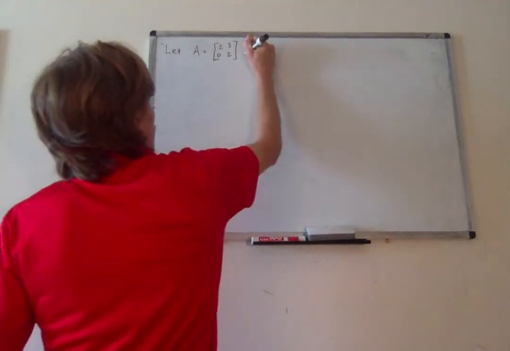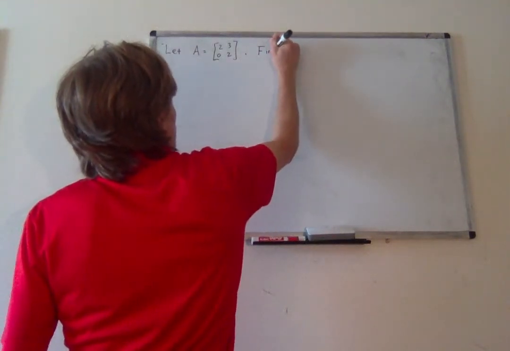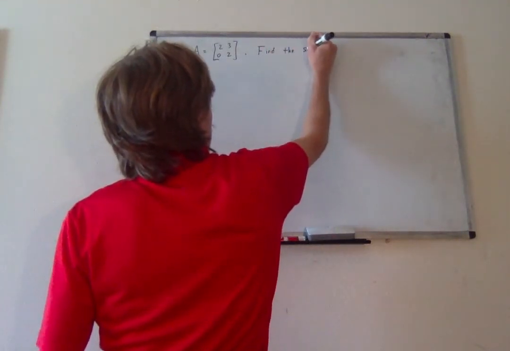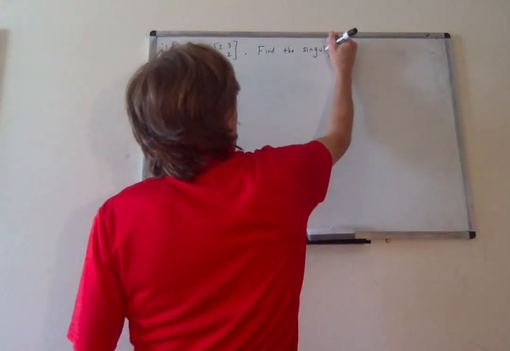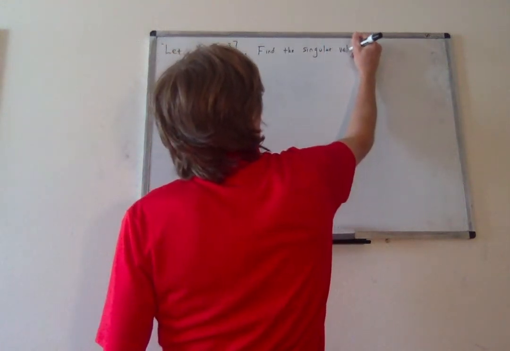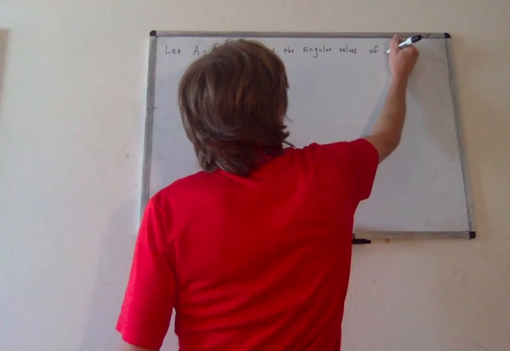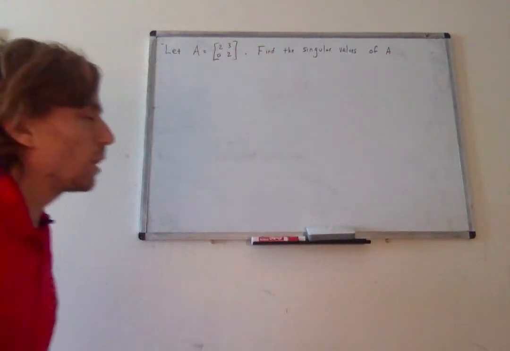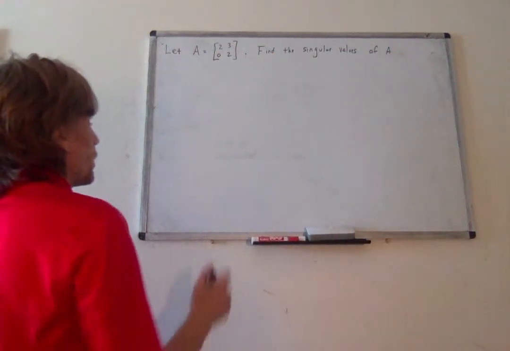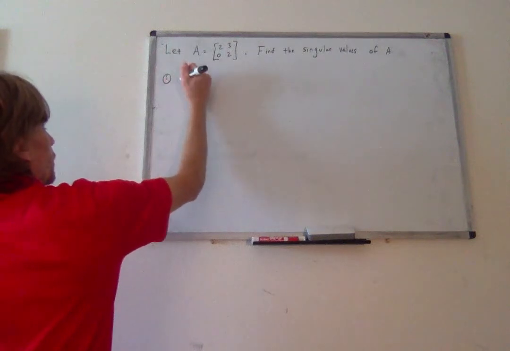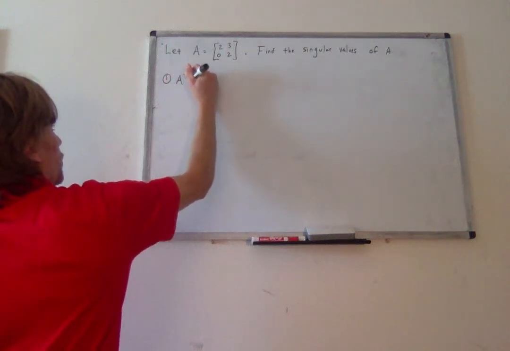So we want to find the singular values of A. And then, much like convention, we'll order them from largest to smallest. But to do this, the first thing you want to do is calculate A transpose times A.